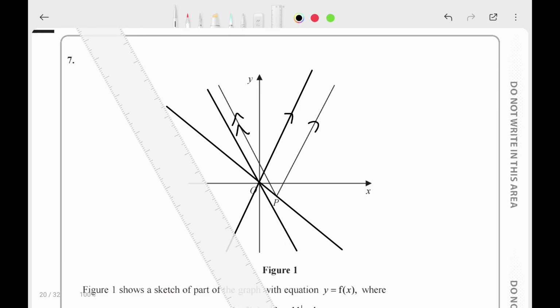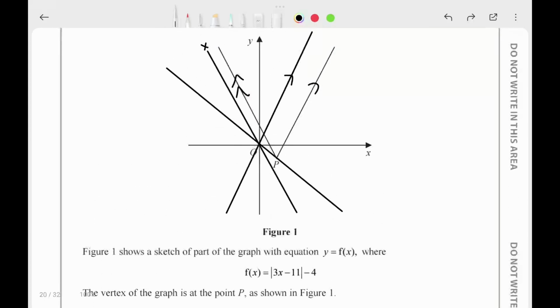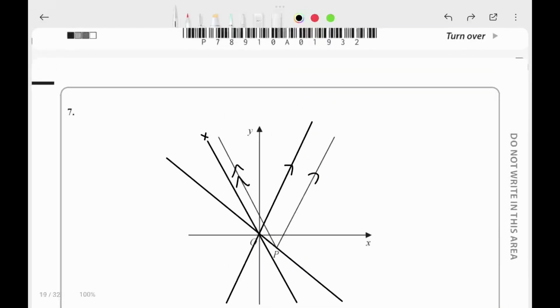This is the limit. So we need to find the gradient of this line, and we can just directly find it since it's positive, and this is the equation. So the gradient is 3. For this line, the gradient is 3.